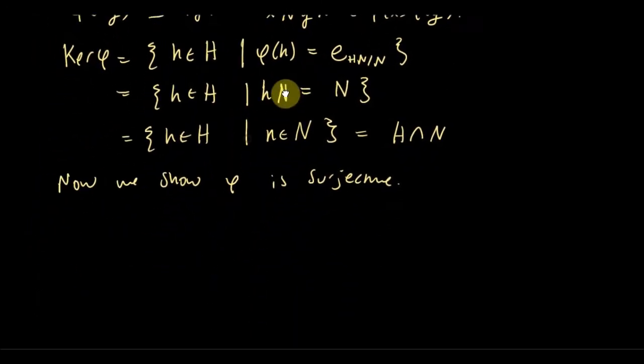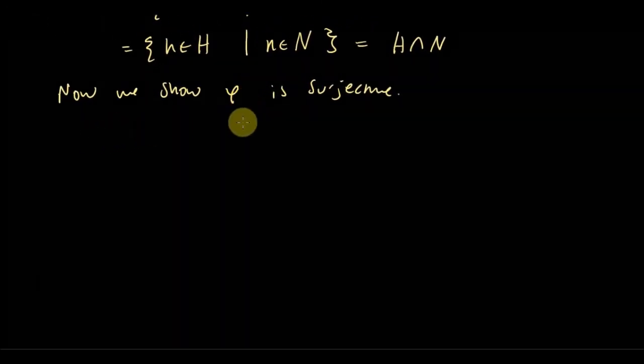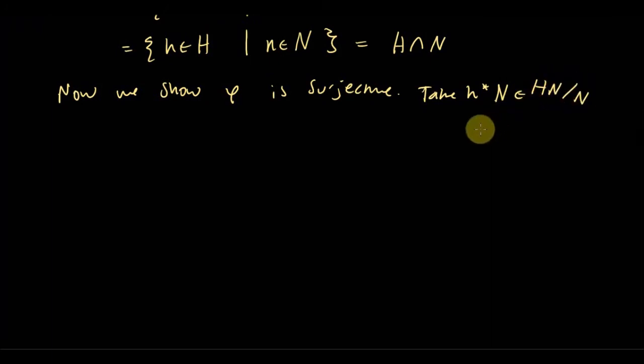So let's say we take h star N in our space Hn mod n. And now we want to find something that maps to it under phi. But this is clearly just h star.